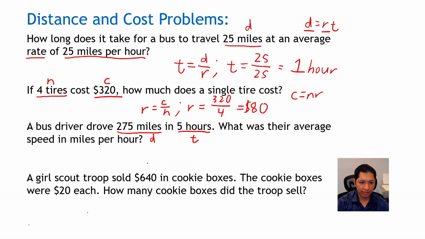So the variation that I have to use of the distance formula is the rate is equal to the distance divided by the time. So I substitute that into the formula. So 275 divided by 5 is equal to 55 miles per hour. And you can check that with the calculator.